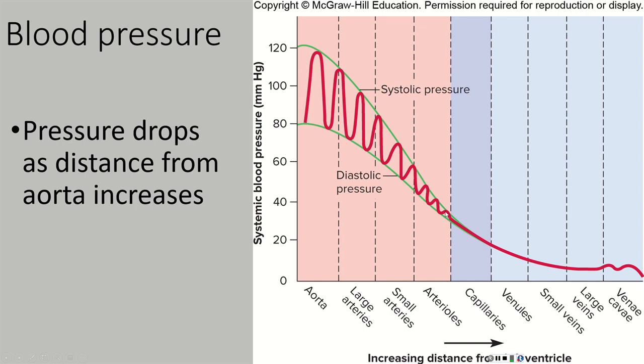Once we get to the capillaries, there is no difference between systolic and diastolic. Once we're in the capillaries, we only have a single pressure. From that point on, that pressure is dropping until we get to the vena cava, when, like I said, it's practically immeasurable.